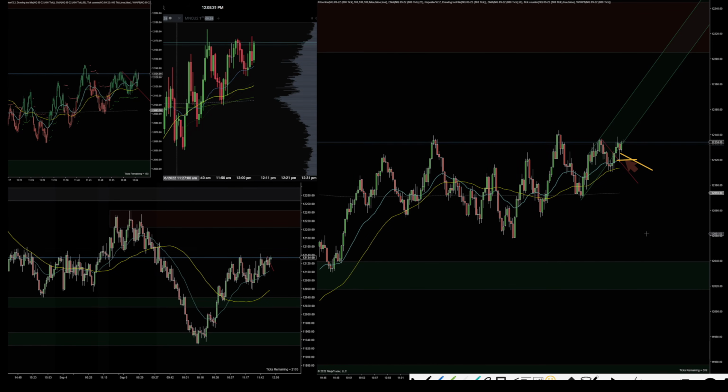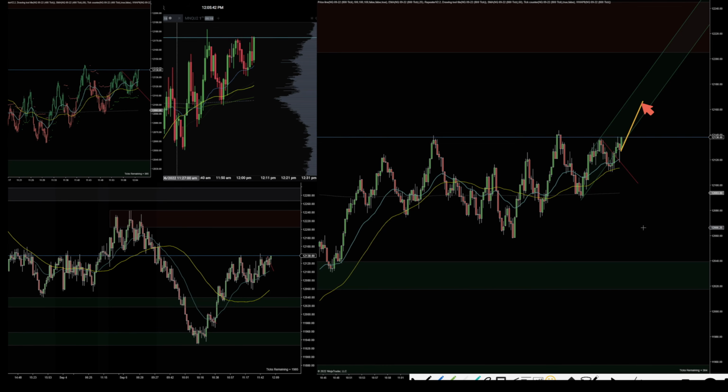Now I can expect that the price may come here, may do another test, and then price needs to go up higher to this level here, because they retested and then they bought from the retest, and now they need to continue this move.